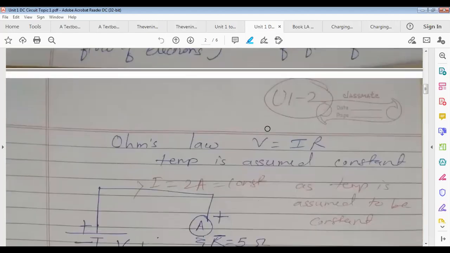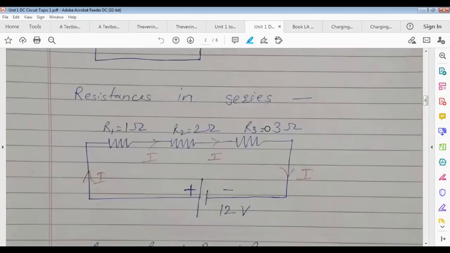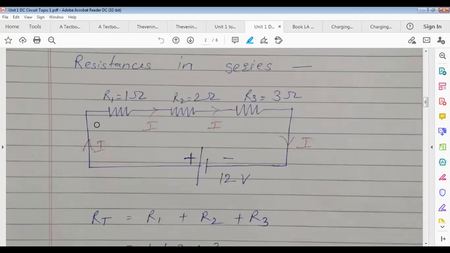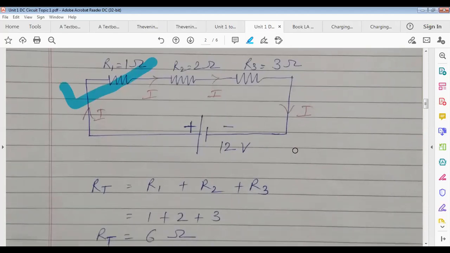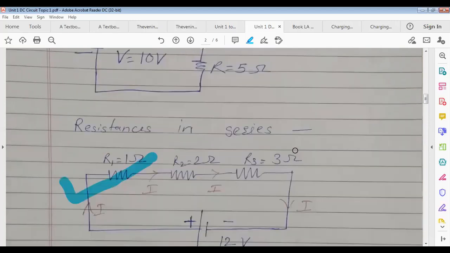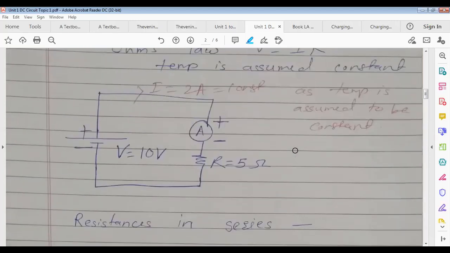Then next, we have seen various terms in this. Suppose 3 resistances connected in series, or 3 resistances connected in parallel, or 2 resistances in parallel with one resistance in series. Like this, simple circuits will be given for 1 mark.